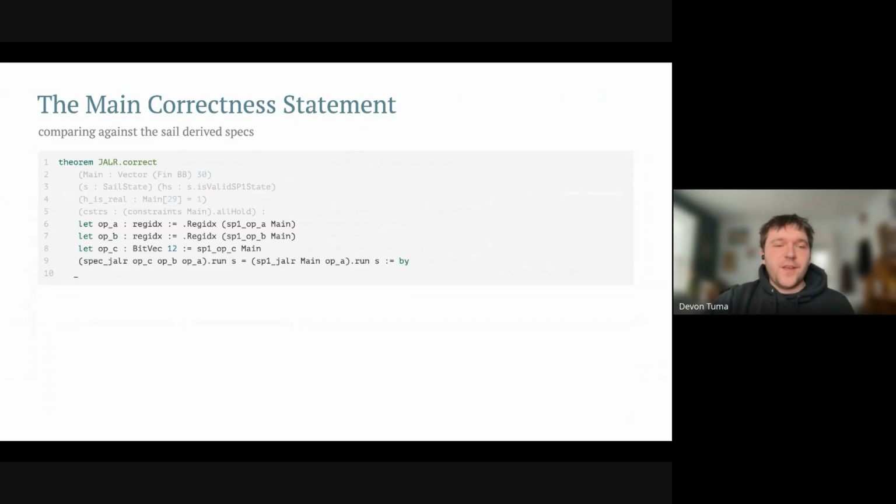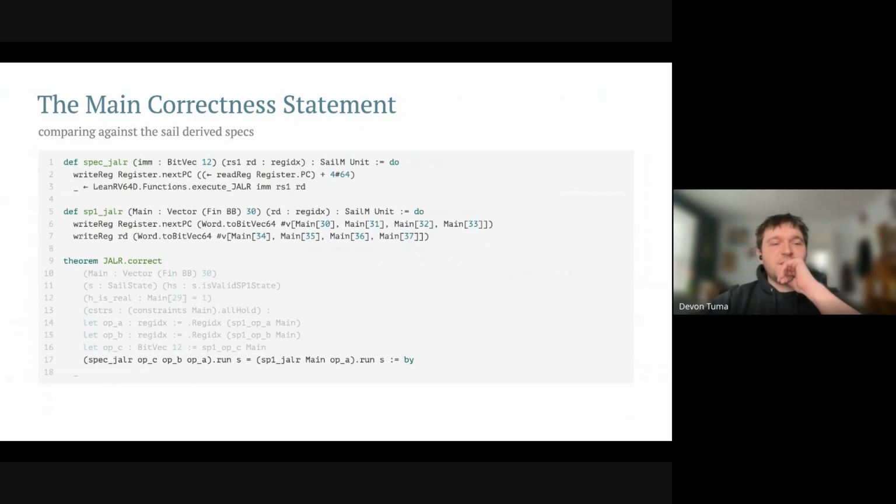And if that's true, then these op-A, op-B, and op-C, which in theory our extractor could just tell us what they are, but right now they're just manually specified. But the spec of how JLR behaves in the Sail extracted spec should align with the one in SP1.